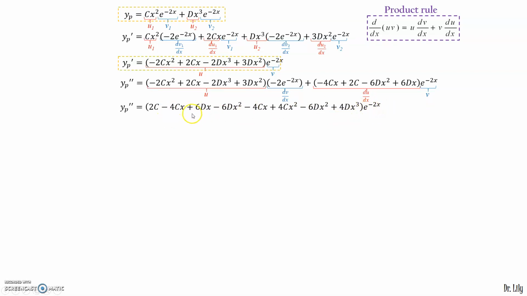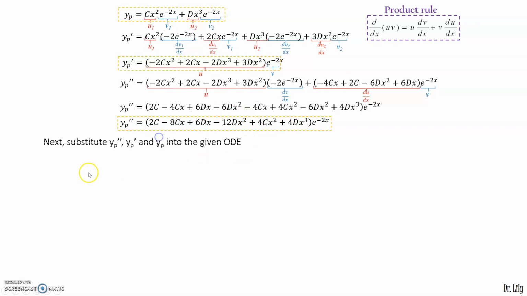Next we can further simplify the equation because now we have -4cx minus 4cx, I got -8cx, and -6dx squared minus 6dx squared, I got -12dx squared. Okay, so next we need to substitute yp double prime, yp prime, and yp into the given ODE.